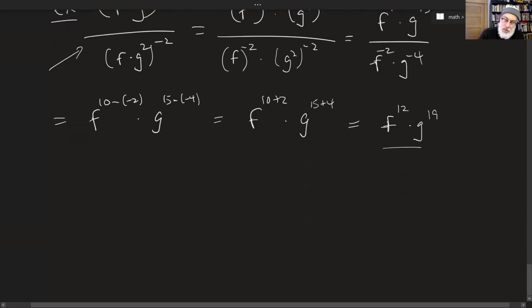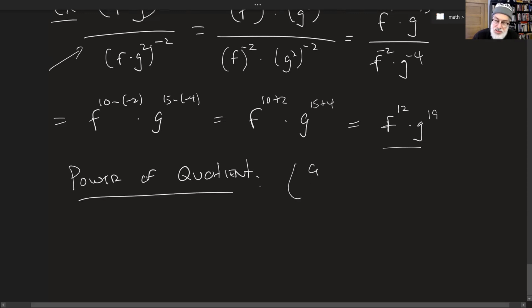All right, next we have what's called the power of quotients. This says that if I have a fraction that's raised to some power, let's say m, maybe a little bit clearer here.